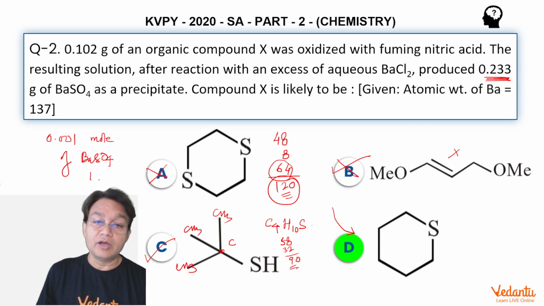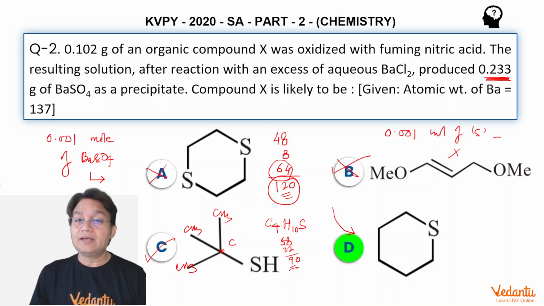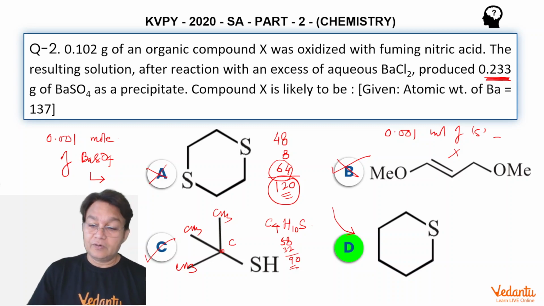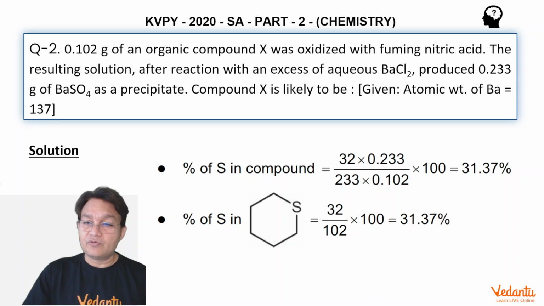That leads to 0.001 mole of sulfur in 0.102 grams of organic compound, and we can write that 102 grams of an organic compound is going to give us 1 mole of sulfur. So obviously that is going to be the easiest way. Otherwise this question is quite lengthy.